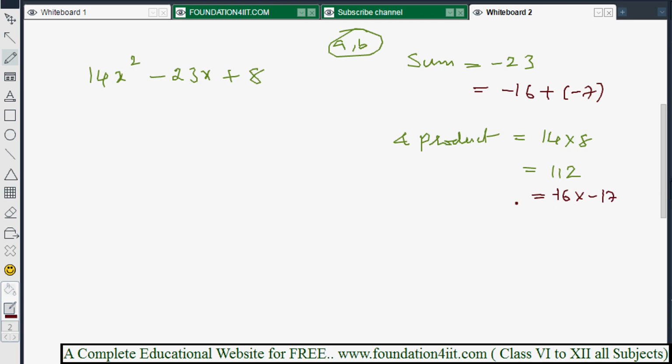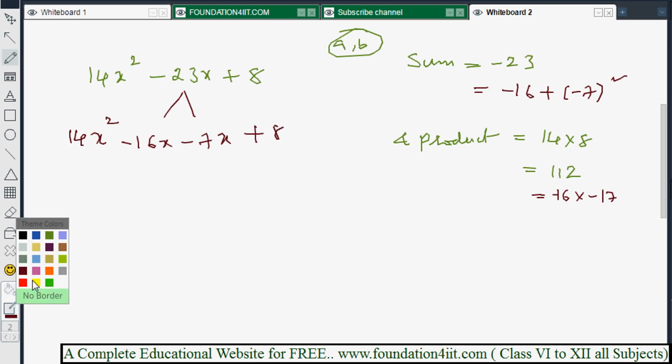That clearly says it. Once you are able to find this, it's very simple. Whenever the numbers are a little bigger for 14x square, you need to take care in that process. Now minus 23 we can write in two parts, the same as we got, right? Minus 16 and minus 7. So minus 16x minus 7x plus the third term 8 as it is.